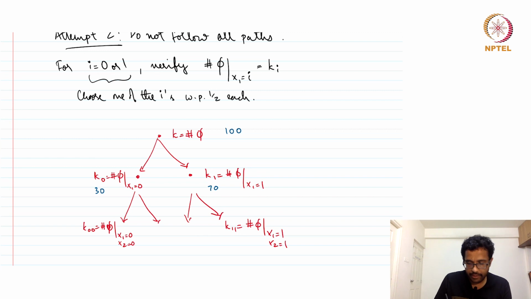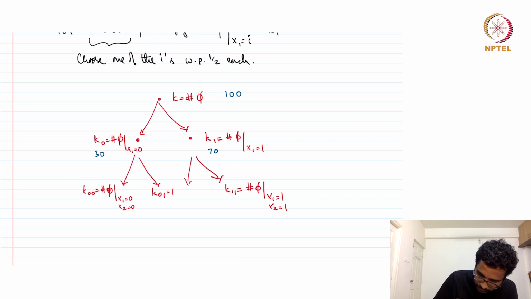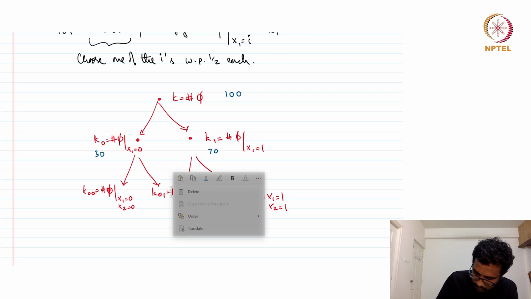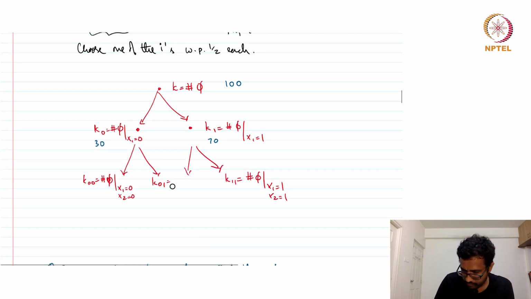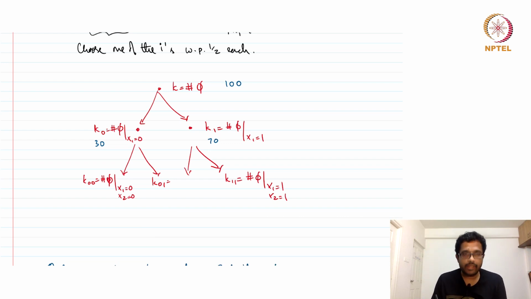And how do you verify k0 is 30? You again ask what is k00 and what is k01. I'm not writing them in detail because there's not much space. So k0, you can ask the prover to give k00 and k01 and verify that.